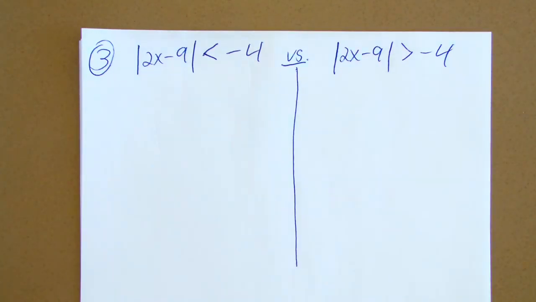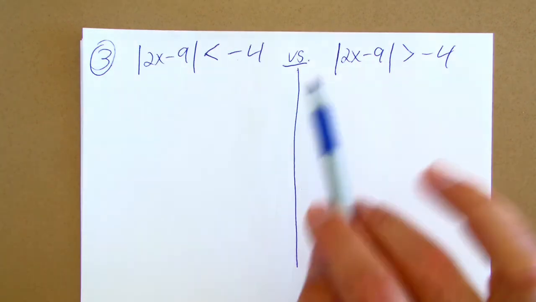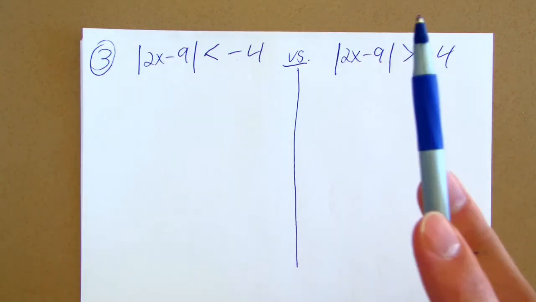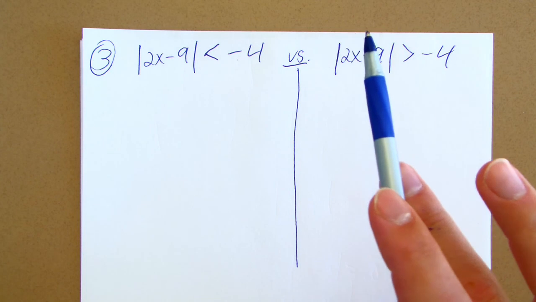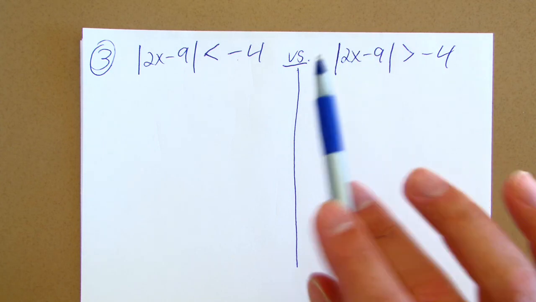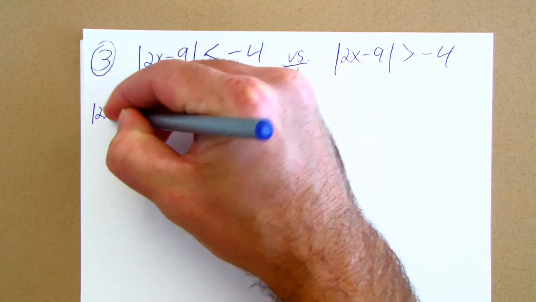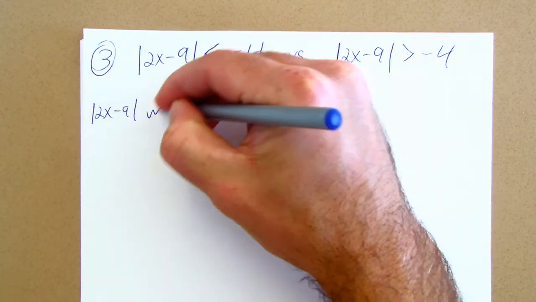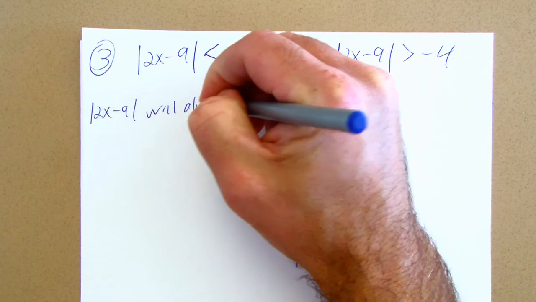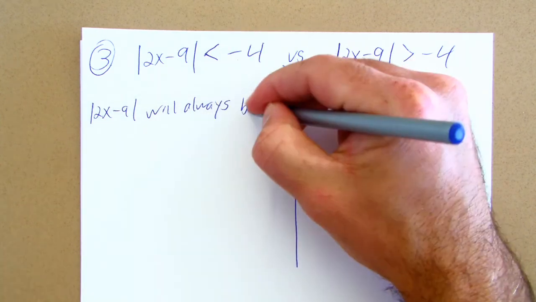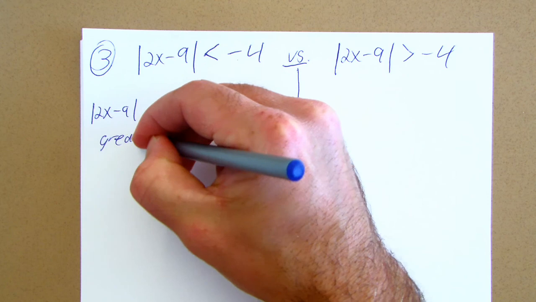All right, so first up, you got a negative and an absolute value. That's really the thing that sets off the alarms first here. Okay, that's no good. All right, but in this case, the absolute value of 2x minus 9 will always be greater than or equal to 0.